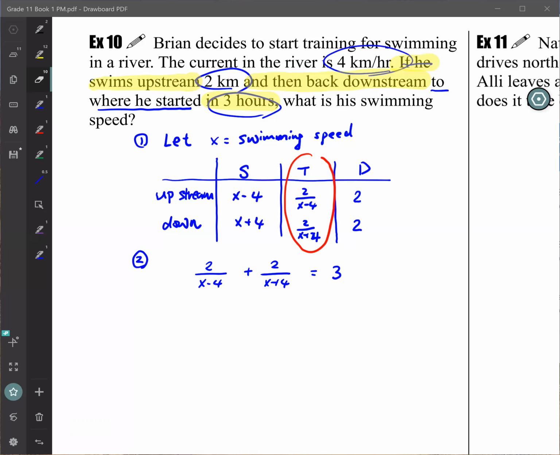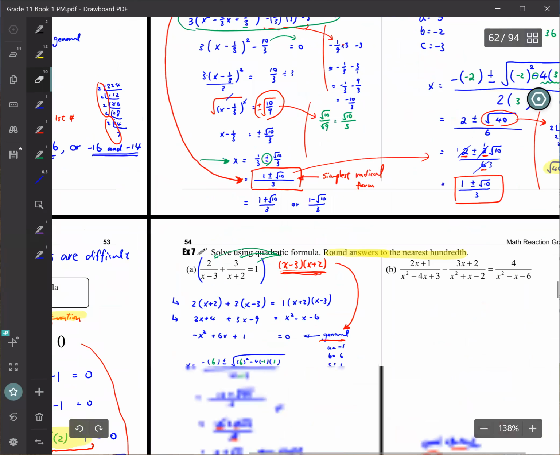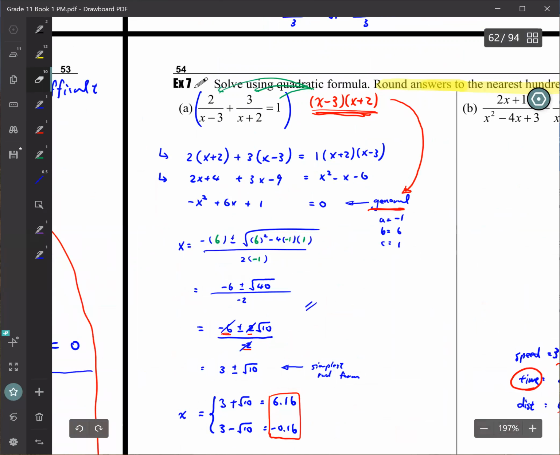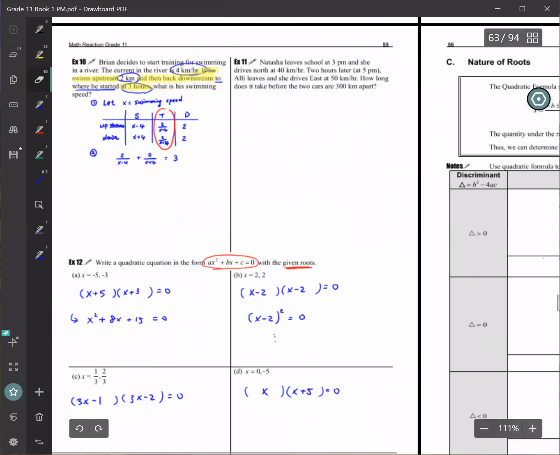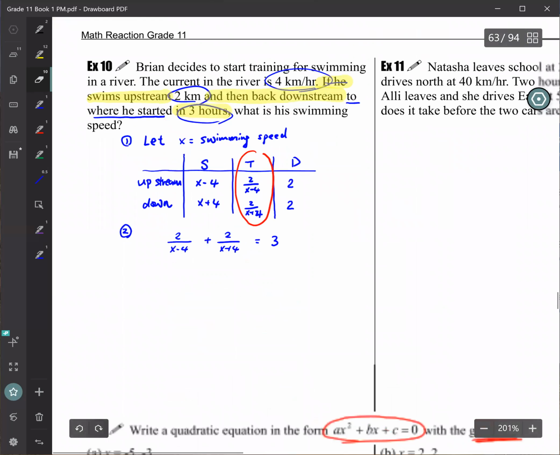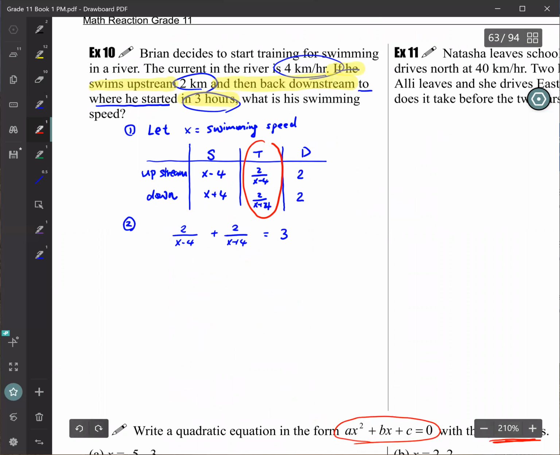So solve this equation. First, you got to follow what you did before. When you get an equation like this, you need to multiply by common denominator, turn it into general form. We've done this many times now, right? So what do we need to multiply by to get rid of the denominator?